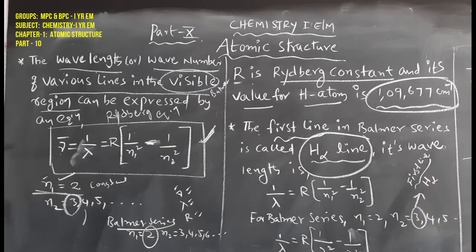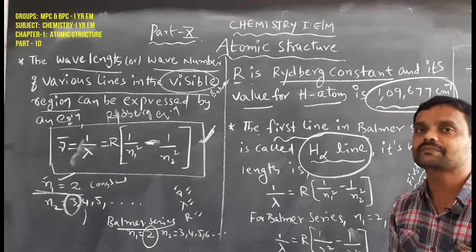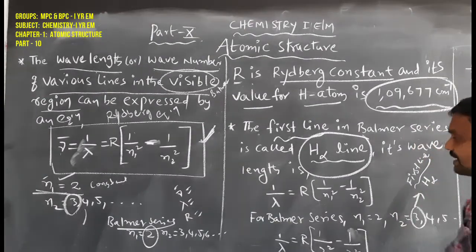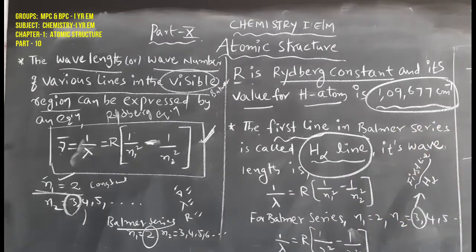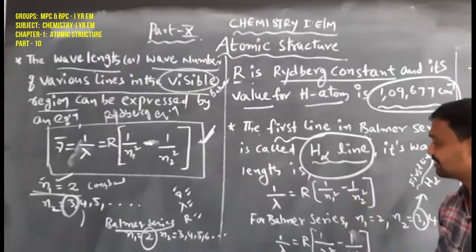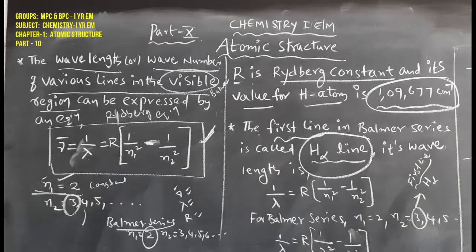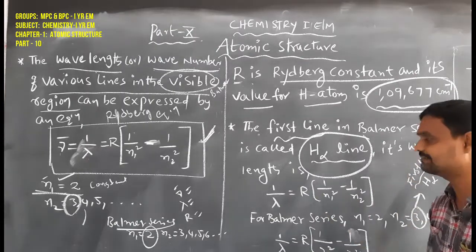We need to find its wavelength. The wavelength can be determined using 1 by lambda equals capital R into 1 by n1 square minus 1 by n2 square, where n1 is 2 and n2 is 3. Those values can be substituted in this equation.